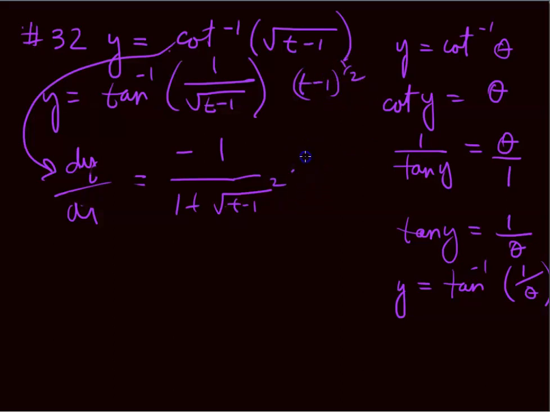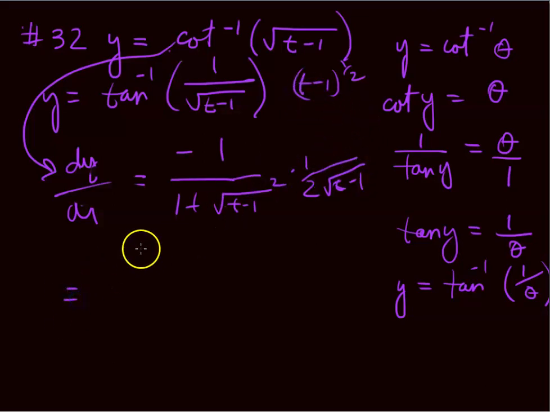So we're going to take 1/2 times this t minus 1 to the negative 1/2, so it's going to be over the square root of t minus 1, times the derivative of t, which is just 1. Does that make sense? So it's 1/2 t minus 1 to the negative 1/2, which is square root underneath, times 1.